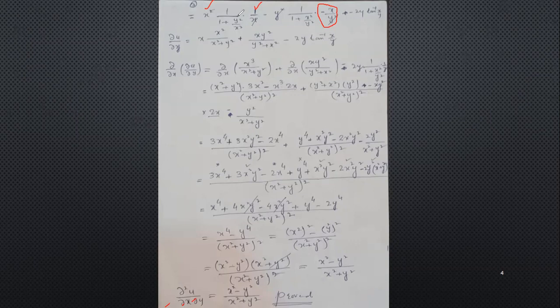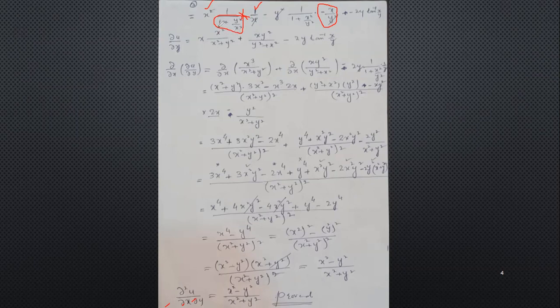Then in denominator, okay, after that we take LCM of this term. So when we take LCM of this term, after that we convert this division into multiplication. So after taking LCM, we get x square plus y square divide x square. But when we convert this division into multiplication, then we get x square upon x square plus y square. Because this term, when we convert into multiplication, then this term we write into reciprocal form.